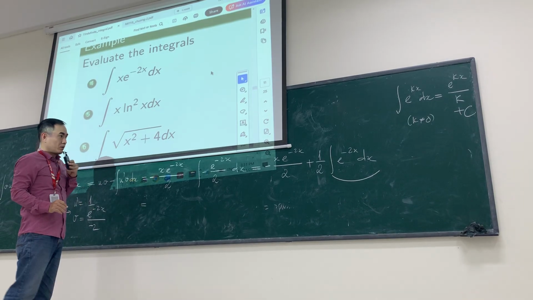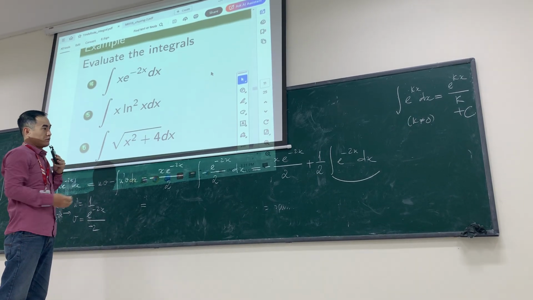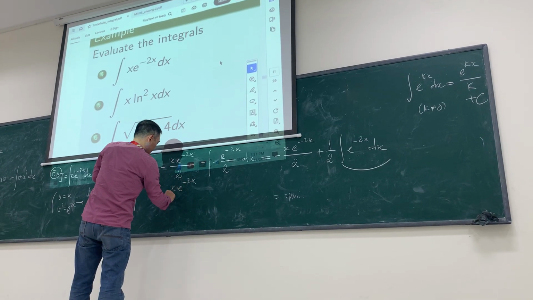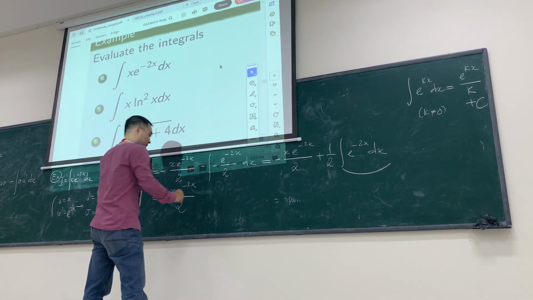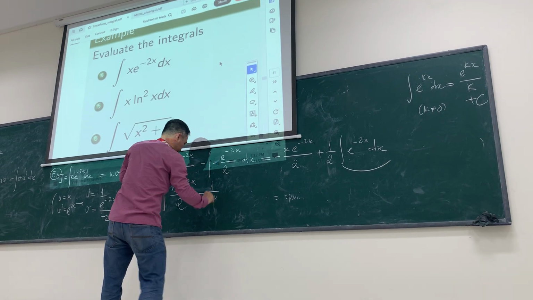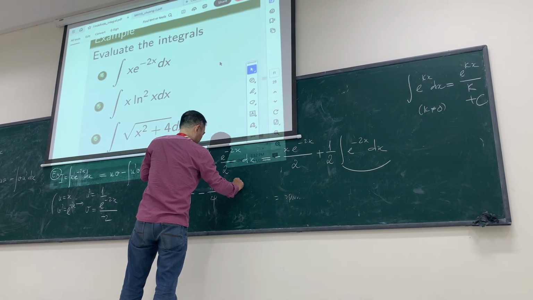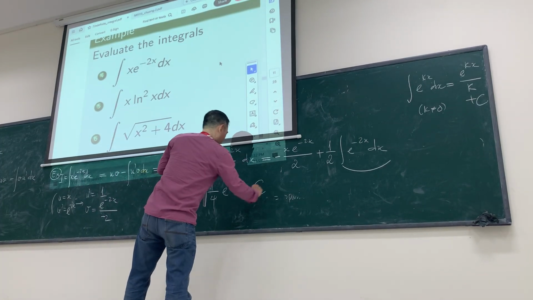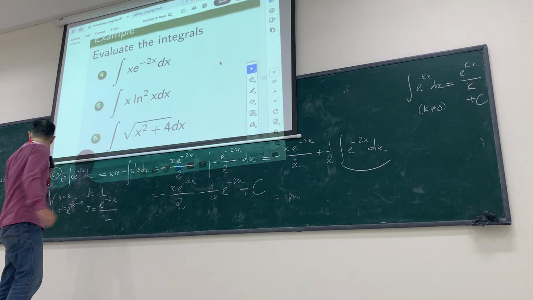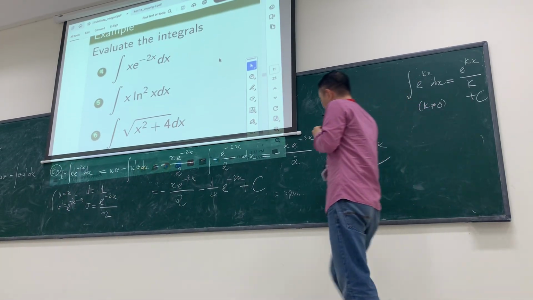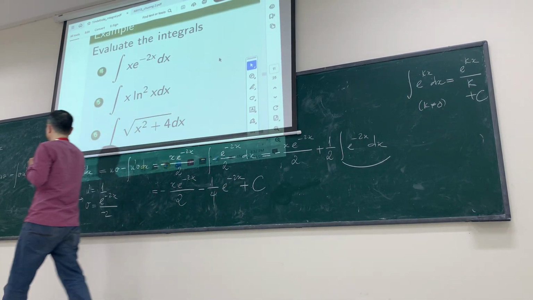So finally we obtain the final result: minus x over 2 exponent minus 2x, minus 1 over 4 exponent minus 2x plus C.